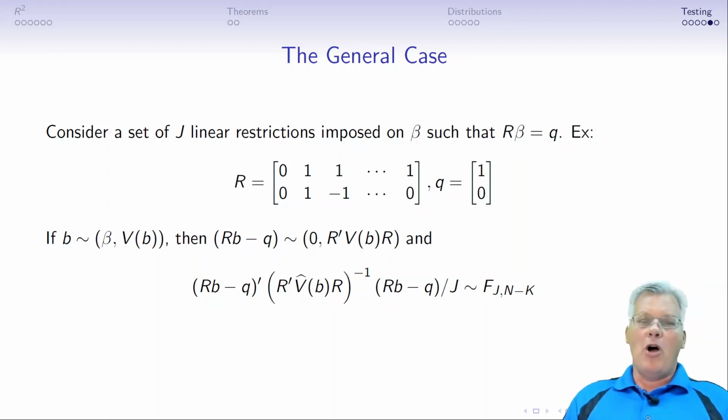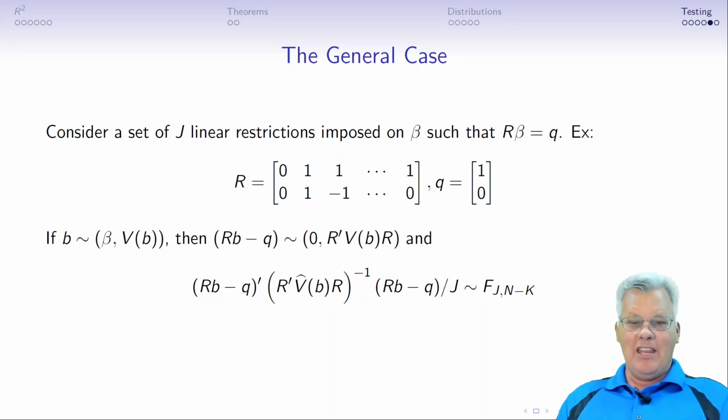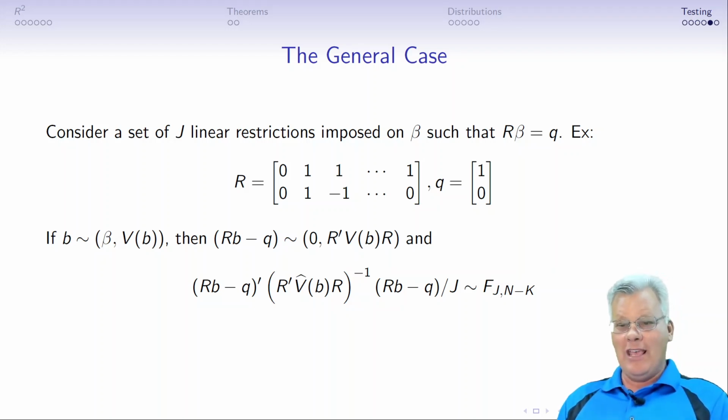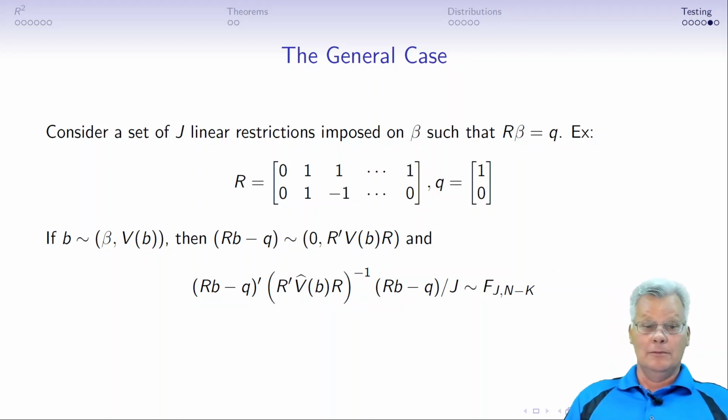So what I'm hypothesizing here is that the sum of a certain number of parameters in the first line is equal to 1, and in the second one we are hypothesizing that beta 2 minus beta 3 is equal to 0.